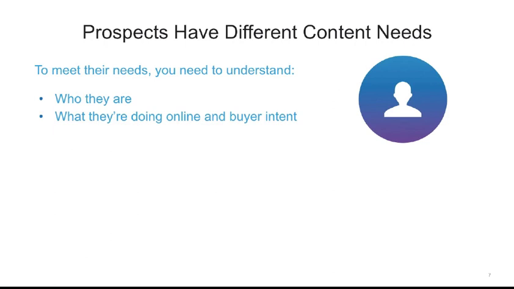The reason for this is that it's a strong indicator of what their buyer intent is. And so let me give a couple of examples here. Let's say you have two groups of people that are coming to your website. The first group of people come to your homepage and then they leave without converting. So not very interested or sales ready at this point in time, but they did visit your site.